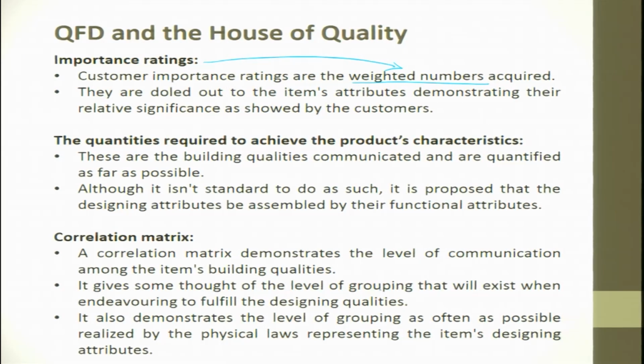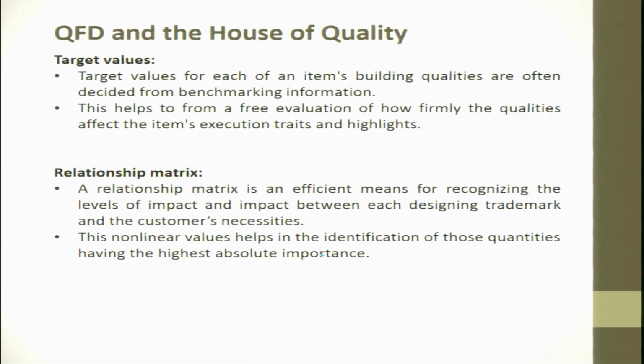It gives some thought of the level of grouping that will exist when attempting to fulfill the designing quantities. So you can move them up and down, and the moment you move them, you can try to have a sub module ready so that you can start producing it. So target values, this is what I told you, and then finally the relationship matrix.